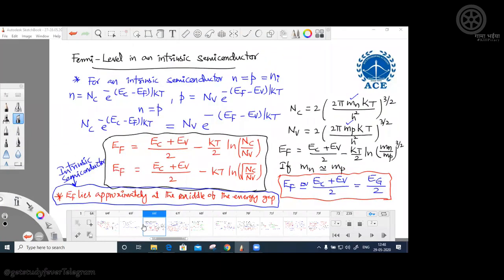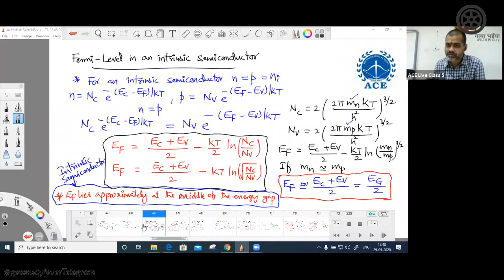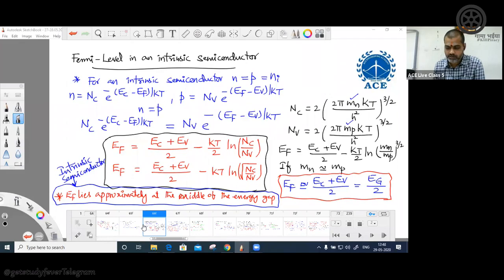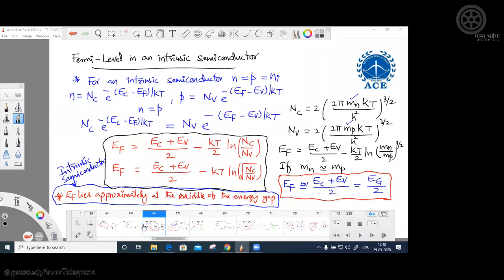Yes, page 66. In general, we consider EG as EC minus EV, sir. So how did we consider EC plus EV as EG here, sir?